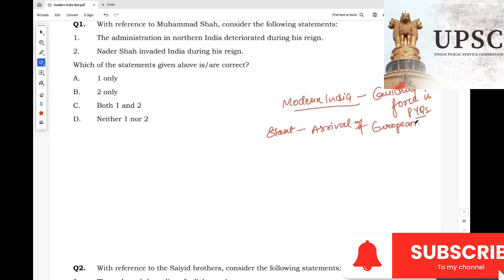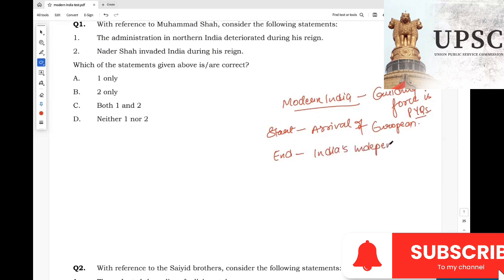Now, arrival of Europeans is also considered part of medieval India. But as they survived till modern India, most of their questions are asked from the modern Indian section. The end, obviously, lies within India's independence.